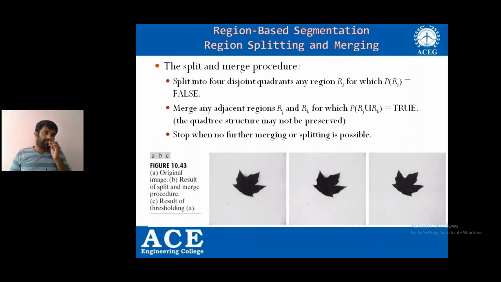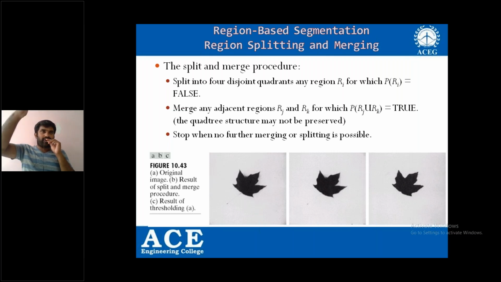So here the segmentation can be done by detecting the discontinuities, or by using thresholding, or by using this region-based segmentation.